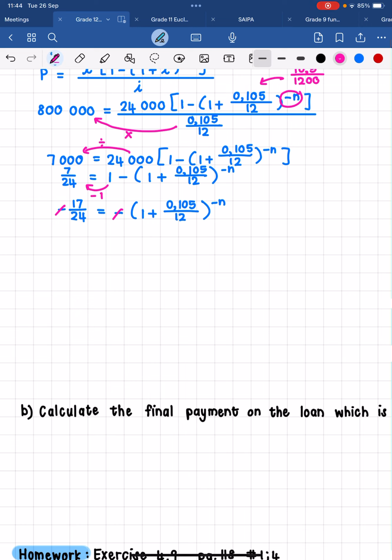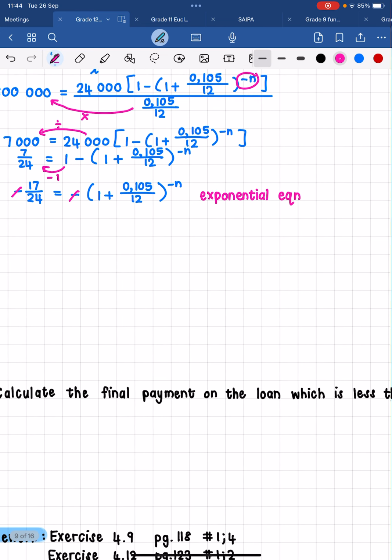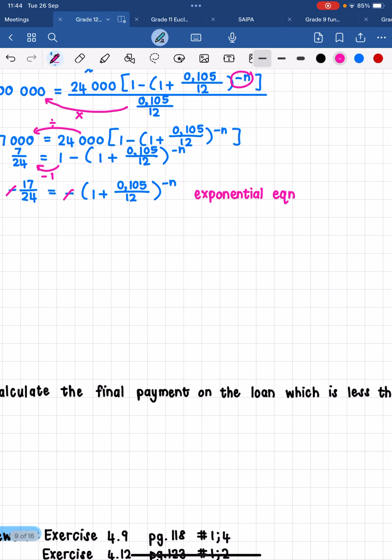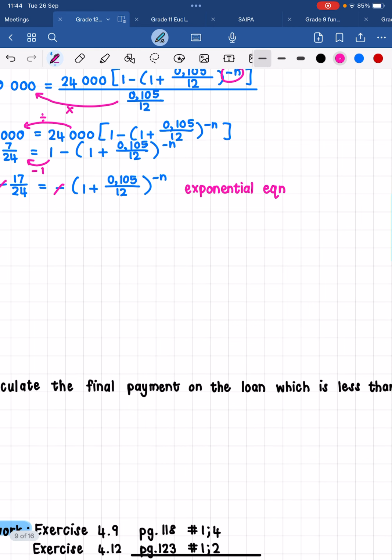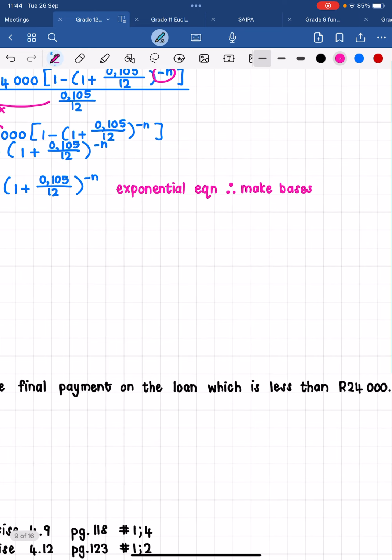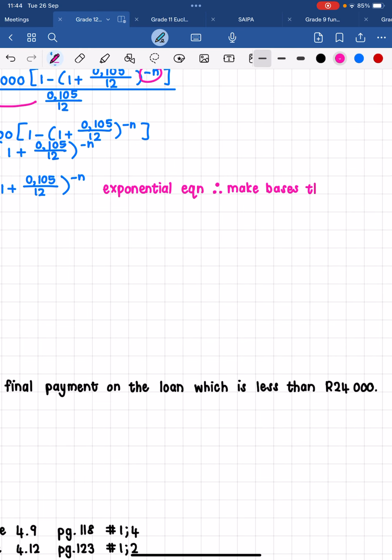Now guys, this is now an exponential equation. Now, in order to solve an exponential equation, we have two methods that we can use. We can either make bases the same, or we can use logs.